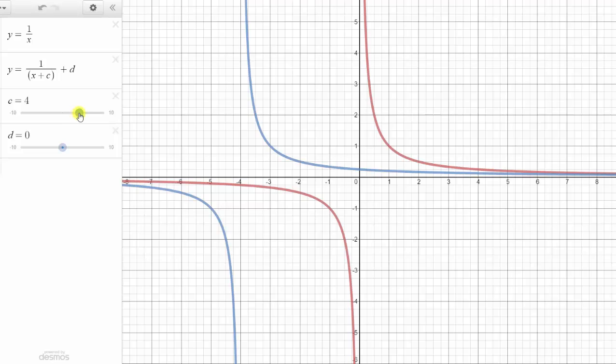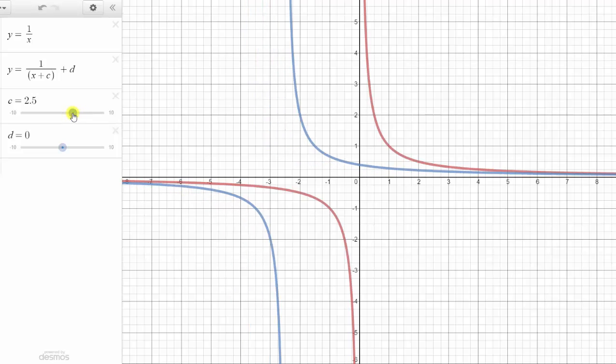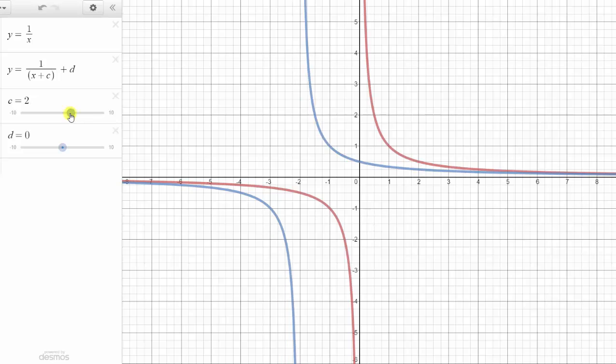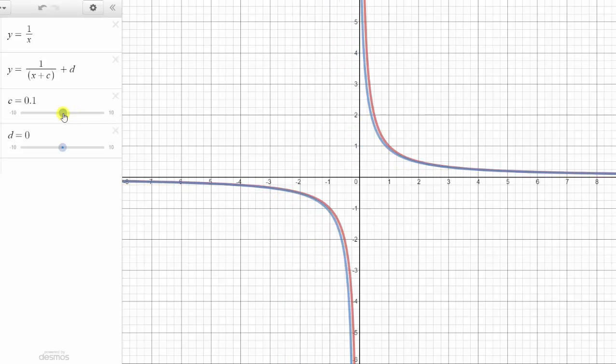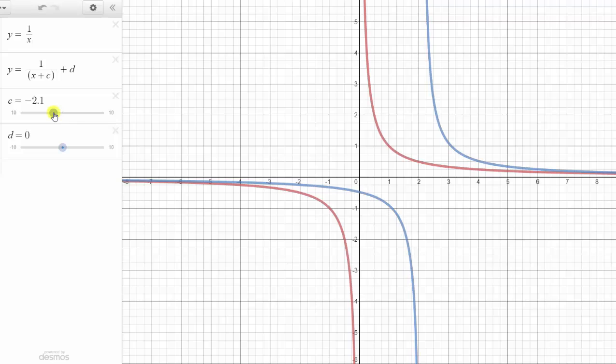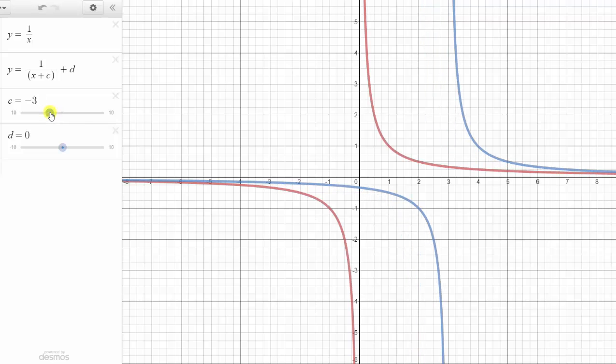And notice how when c is negative, or we have x minus a constant in the denominator, the graph is actually shifted to the right. So notice here, when c is equal to negative 3, we'd have the quantity x minus 3 in the denominator, and the graph is shifted exactly 1, 2, 3 units to the right.